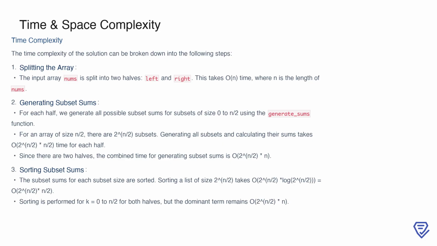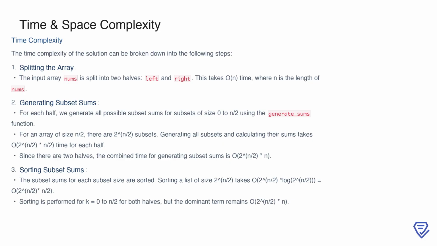For any array of size n/2, there are 2^(n/2) possible subsets. Generating these subsets and calculating their sums requires O(2^(n/2) * n/2) time for each half. Since there are two halves, this step contributes a combined time complexity of O(2^(n/2) * n).